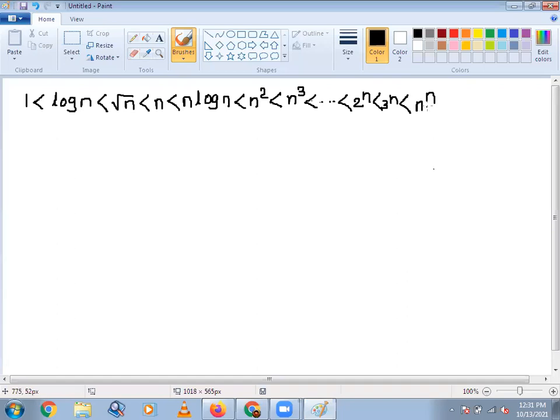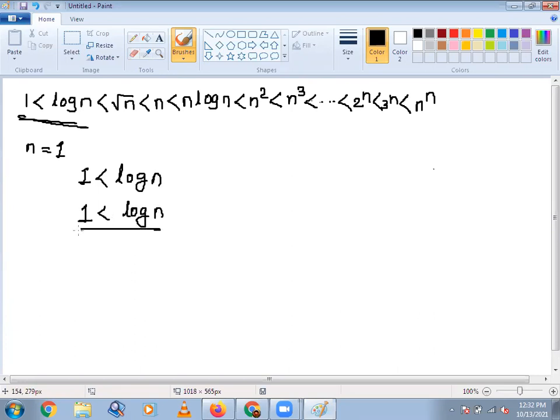Okay, suppose n is equal to 1. We'll take the first condition. 1 is less than log n. So n is equal to 1, 1 is less than log 1.